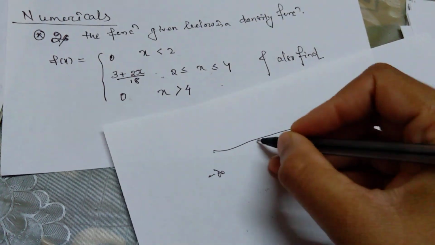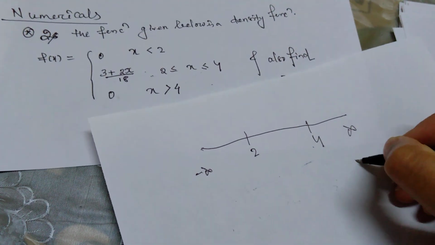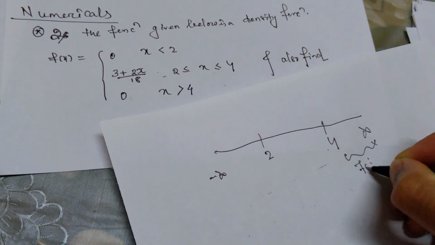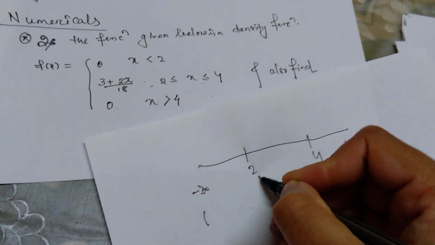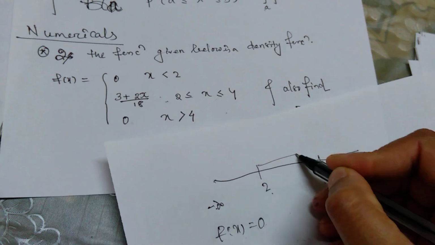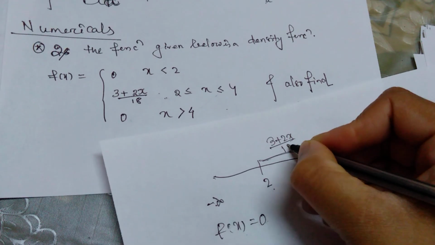First one is minus infinity to 2, then 2 to 4, then 4 to infinity. For 4 to infinity the functional value f of x is 0. For minus infinity to 2, the functional value f of x is also 0, and for this one the value is given as (3 plus 2x) upon 18.